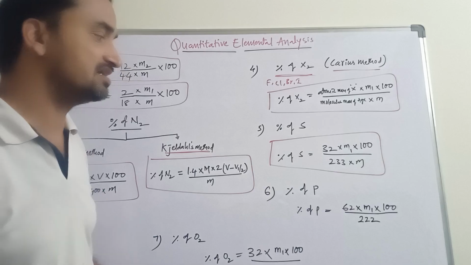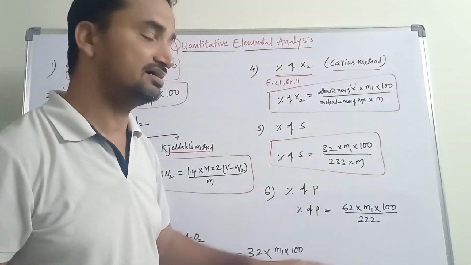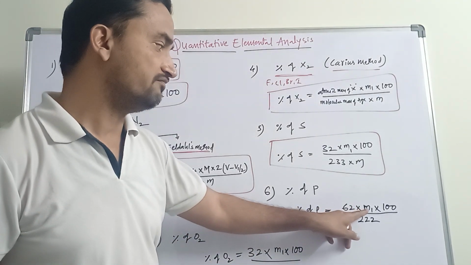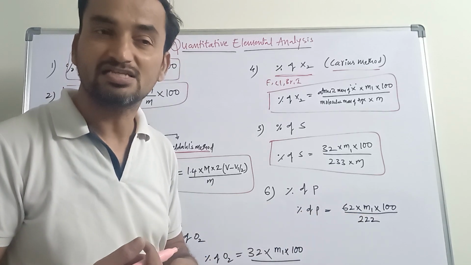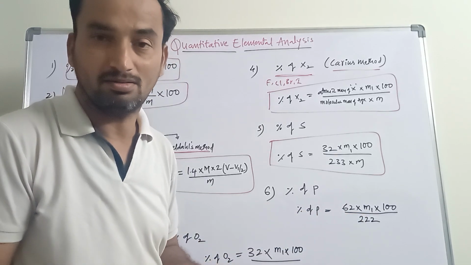Now percentage of phosphorus. Percentage of phosphorus can be calculated with the formula 62 into M1. M1 is nothing but the mass of the phosphorus compound produced; phosphorus can be converted into different compounds.